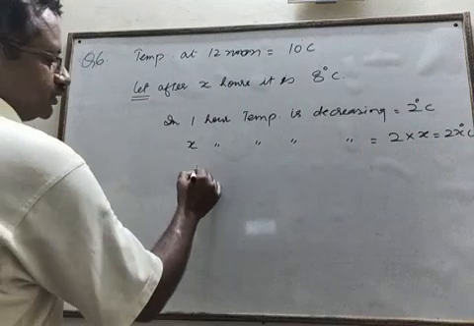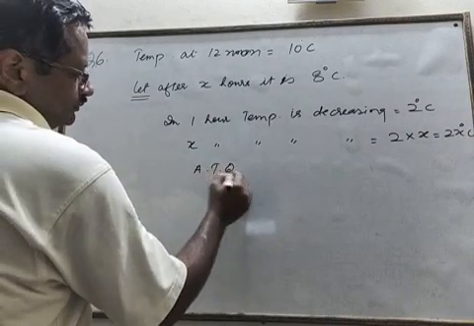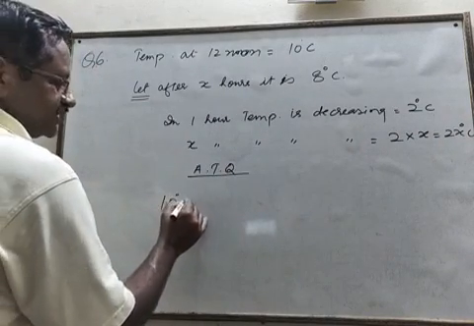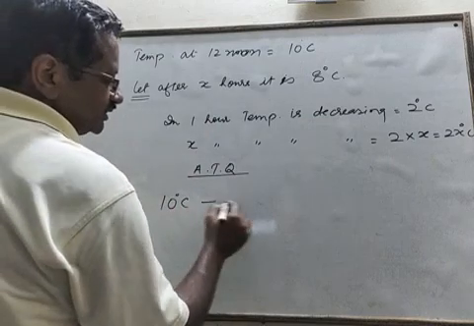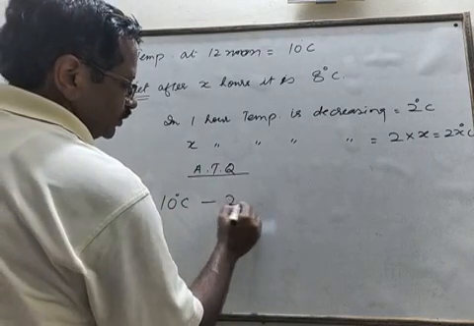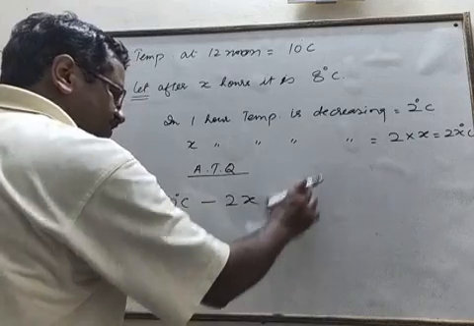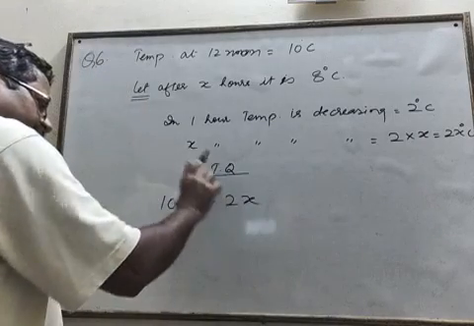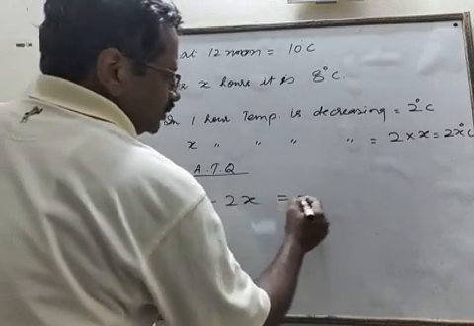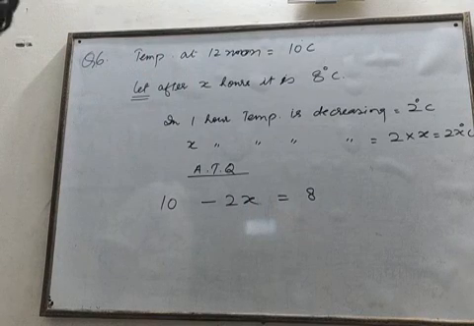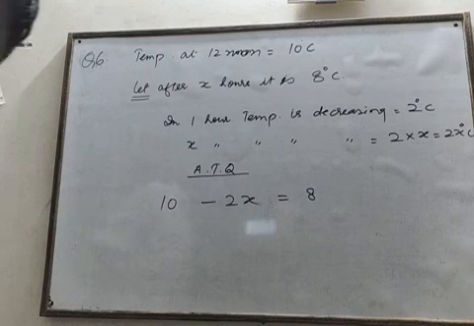So according to question, this time temperature is 10 degrees Celsius, but I need to subtract 2x degrees Celsius, or remove degree Celsius only, write 10 minus 2x equal to below 0, minus 8.